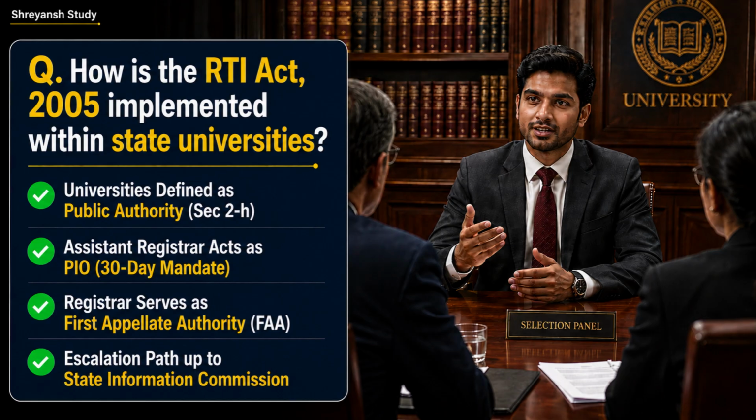Administratively, the university designates an Assistant Registrar or equivalent as the Public Information Officer, PIO, to process applications within 30 days. The Registrar or Senior Officer acts as the First Appellate Authority, FAA, to adjudicate on disputes arising from the PIO's responses before complaints escalate to the State Information Commission.